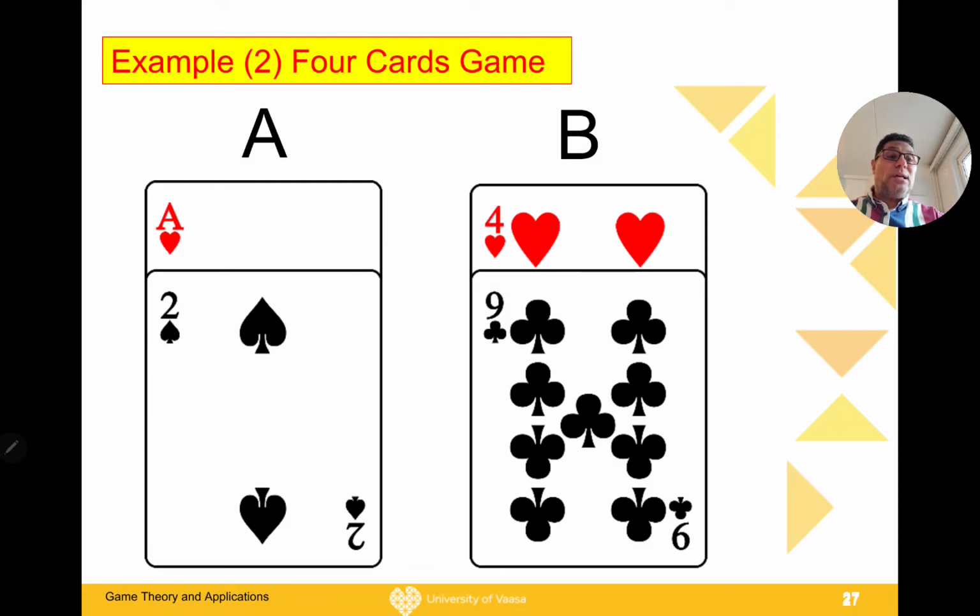Okay, now we take another example. It can be a little bit lengthy. It is not difficult, but it is a longer type of game. The idea here is that we have two players, A and B, and in front of each player there are two locations, and in each place there are two cards.